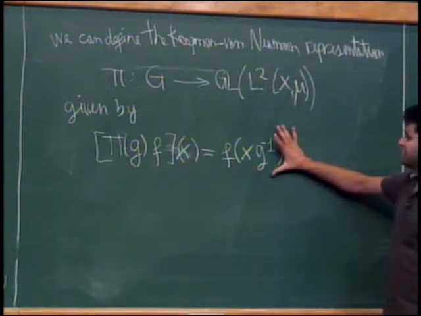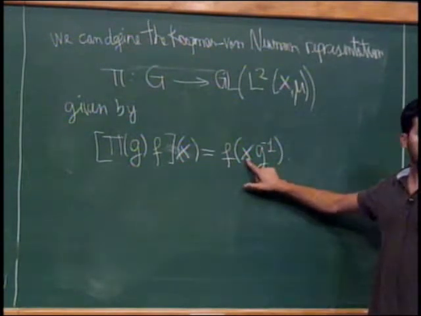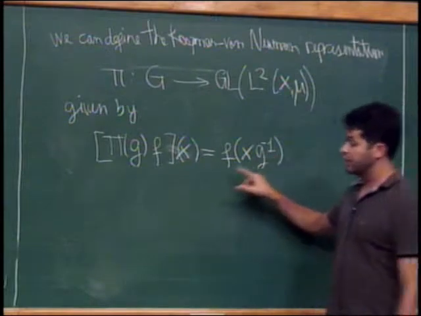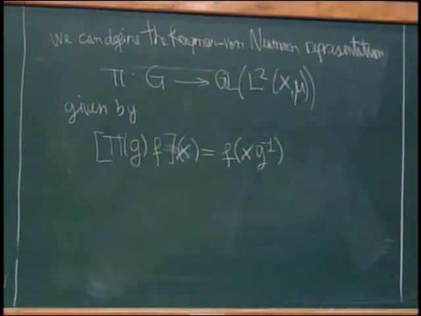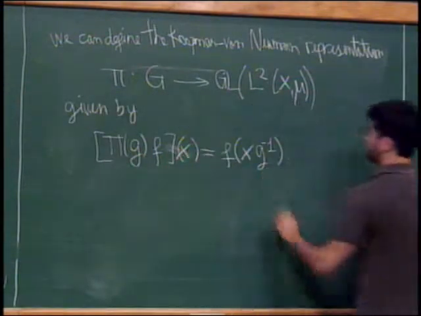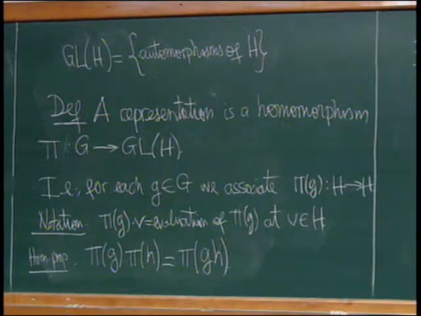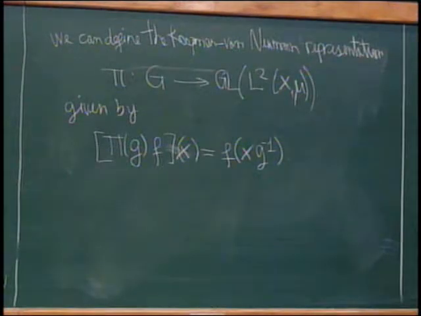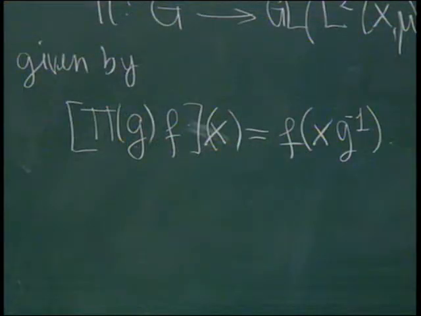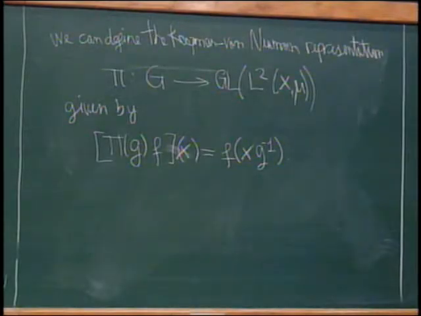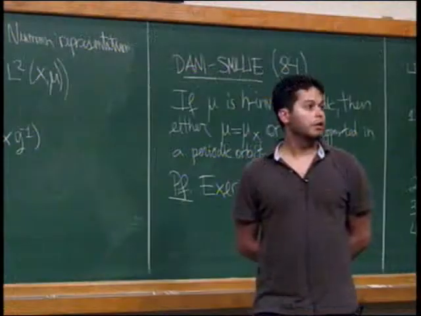So I'm considering a right action on the space, and because of that I'm putting the g^-1 so that this property of the group structure is preserved. So we have this. But note that we didn't even use the property that the action of the group is measure-preserving. So actually, in the case that you are acting by measure-preserving transformations, the representation has an extra property.